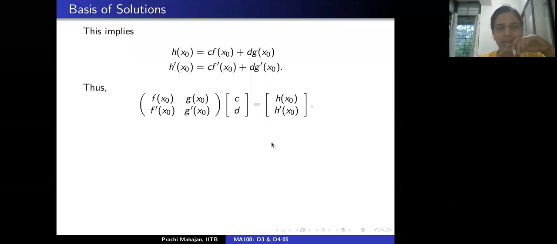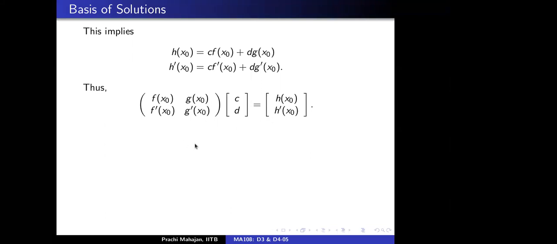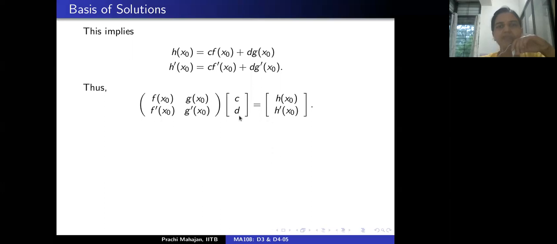All right. So what am I saying? I am writing this in matrix format, and what I want to do is solve for c and d. What is known to me is that the columns of this 2 by 2 matrix are linearly independent, correct? So what do we know in such a setting?